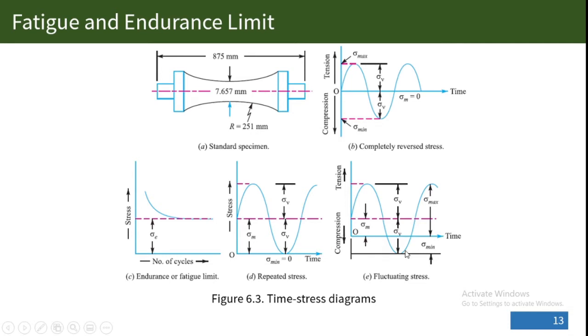The variable stress in general may be considered as a combination of a steady, or so-called mean or average stress, and a completely reversed stress component, sigma sub v. Because of that, we can have the following relations derived from the stress versus time diagram.